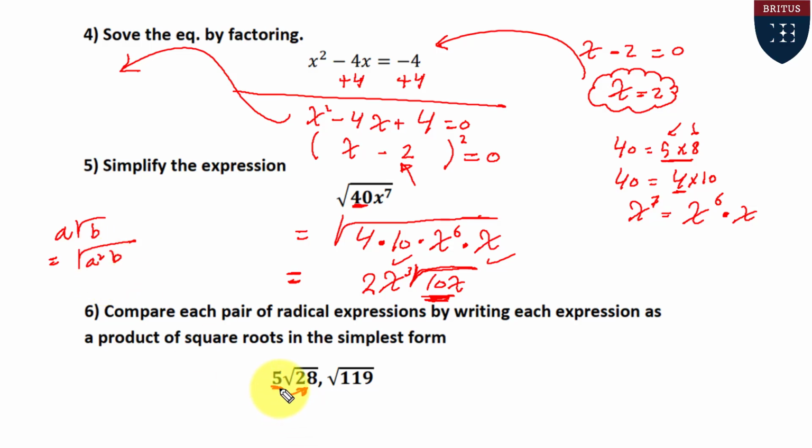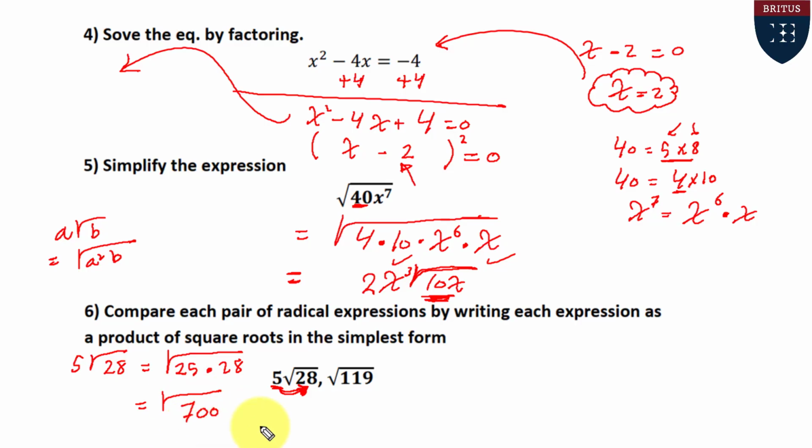So let 5 be inside, to be 5 squared. So we have 5 root 28 is equal to root 25 times 28. 25 times 28 equals 700. So we get root 700.